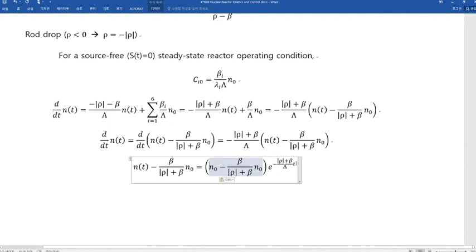When t equals 0, then both sides will be the same.